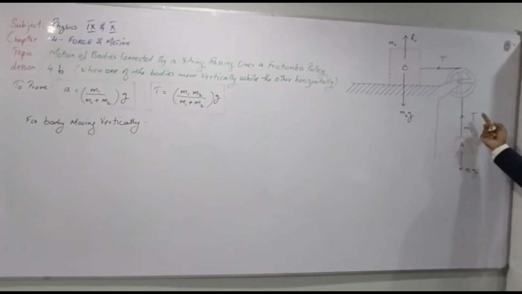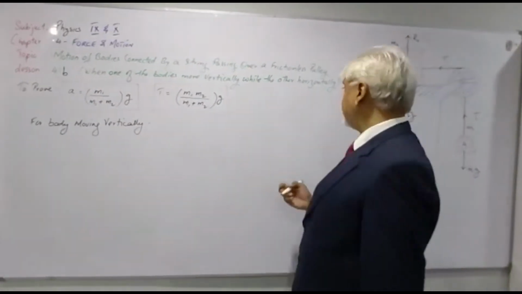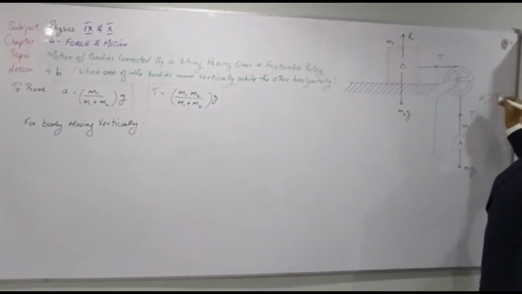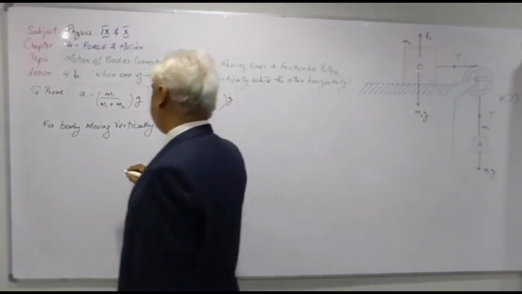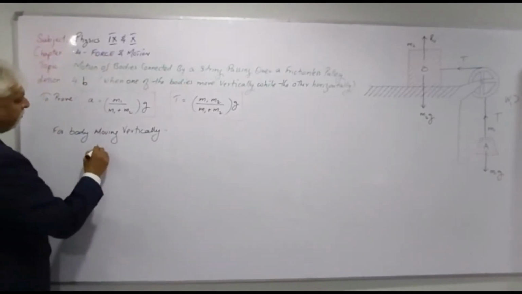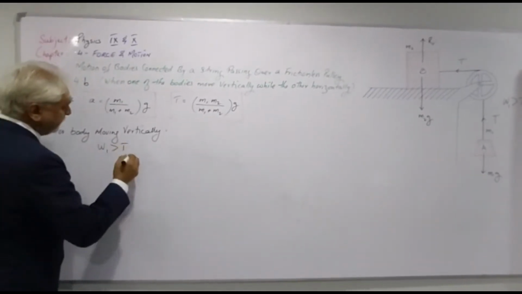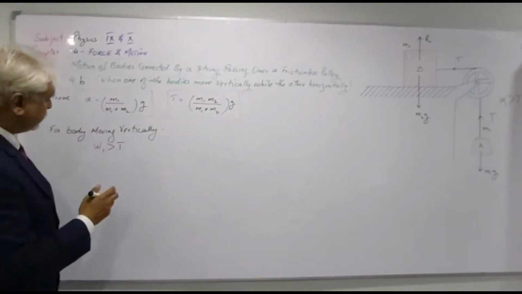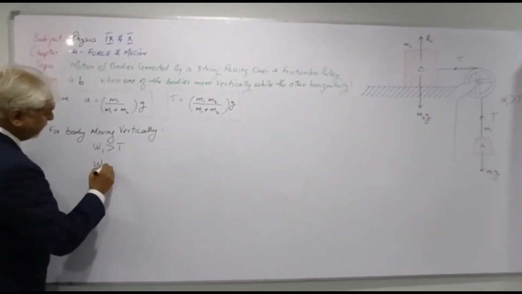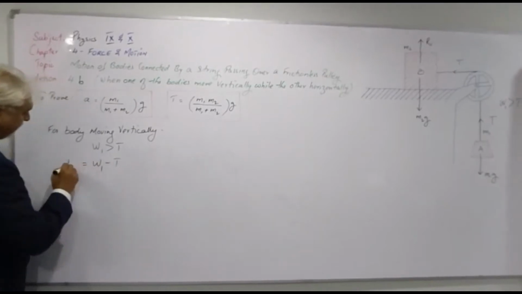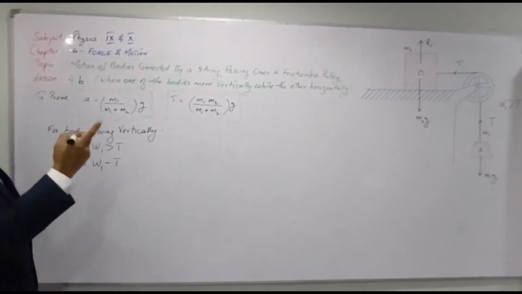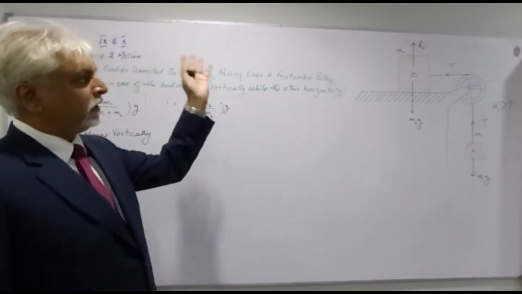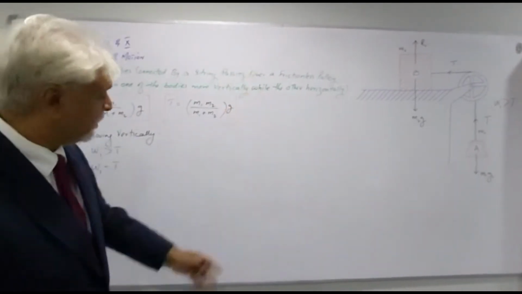The weight is greater than the tension, so we can say that W1 is greater than T. So the net force will be W1 minus T equals F1, because we are considering 1 to be the body moving vertically downwards and the one which is moving horizontally as 2.